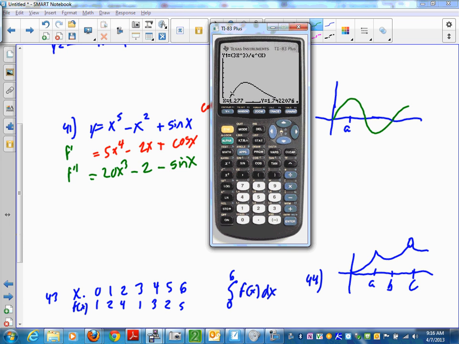All right. So we have 20x cubed minus 2 minus sine of x. And take a look at it. And maybe we shouldn't even look at the graph. Let's just go look at the table.